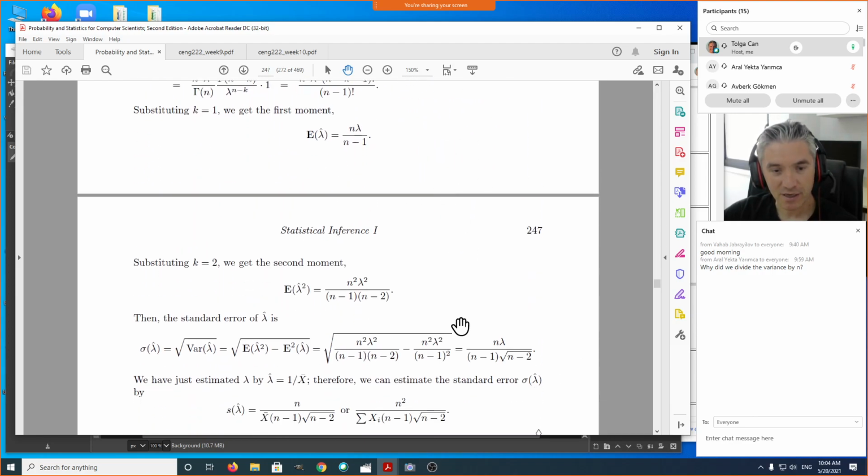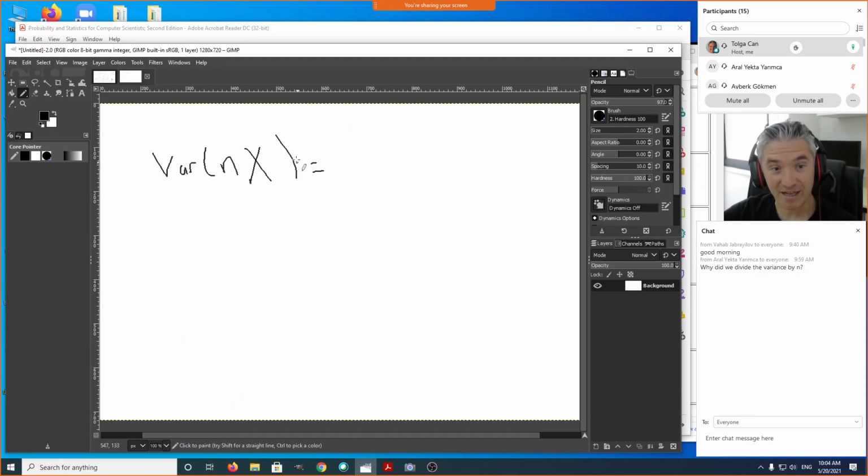Okay, so it's the variance of the average, not the variance of the sum itself. So x1 to xn, if we have n times of these variables, n times xi, the variance of that will be n square times the variance of that individual variable.